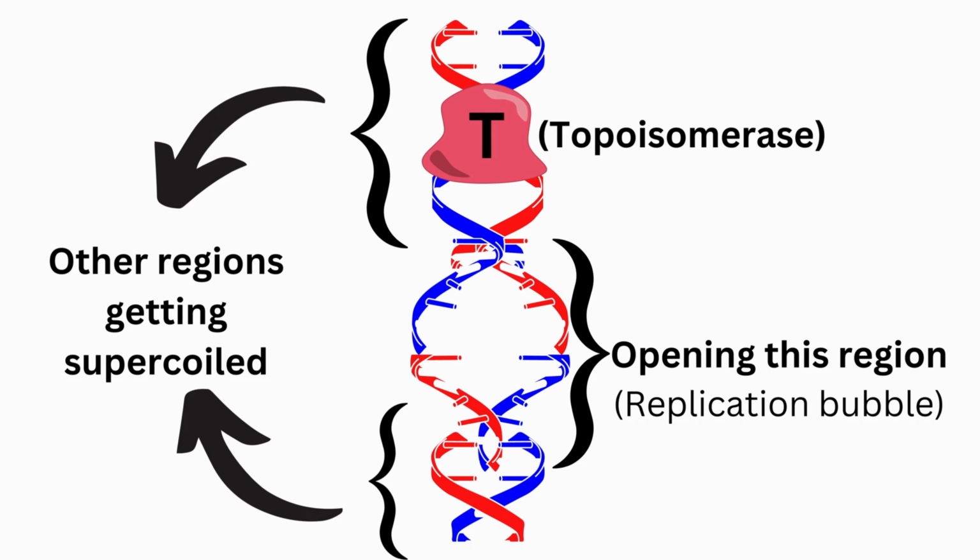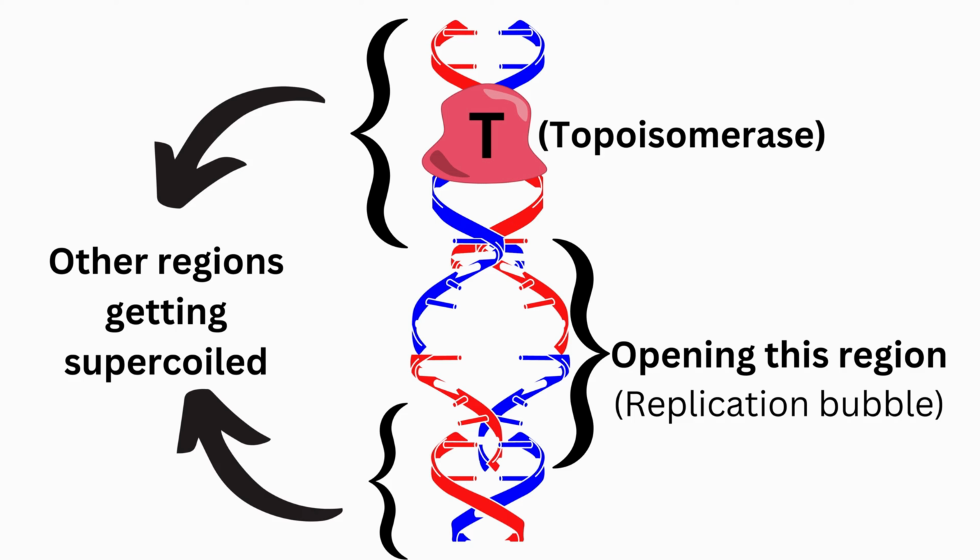DNA or RNA often form this bubble when there are no complementary base pairs. But in this condition, we have complementary base pairs, but this bubble is being formed. That's because the helicase enzyme is opening up these 2 strands of DNA.